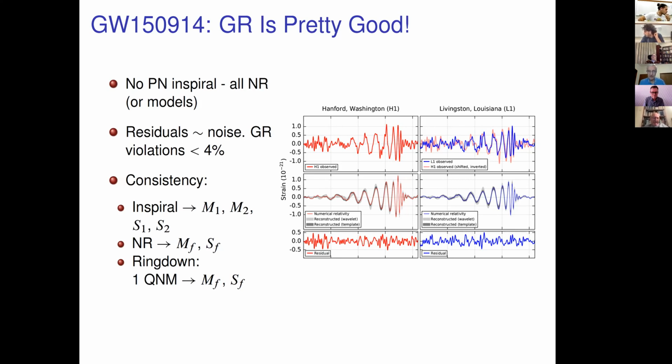And one of the very first tests that the LIGO science collaboration did with this data was a consistency test. From the early part of the waveform, you can deduce the initial masses and spins of the black holes up to some errors. And then using the numerical relativity simulation, in other words, assuming general relativity is correct, you predict the final mass and spin, MF and SF.